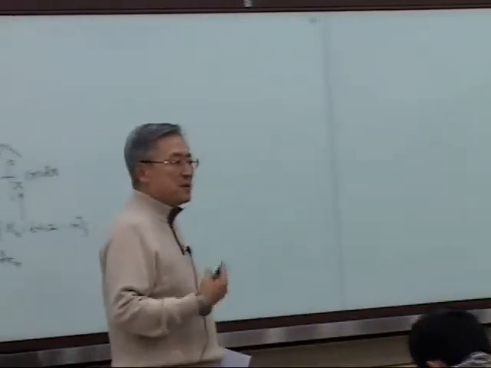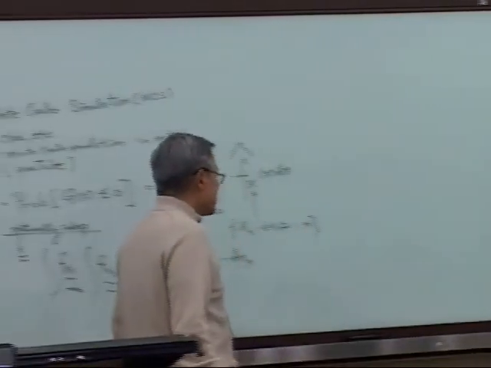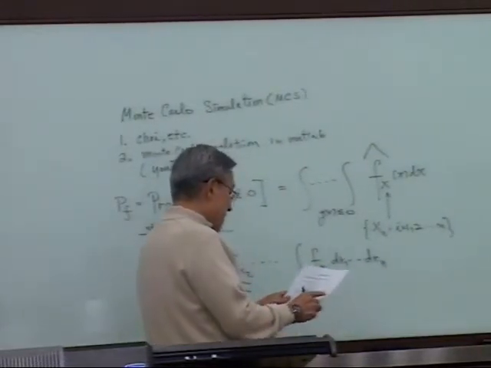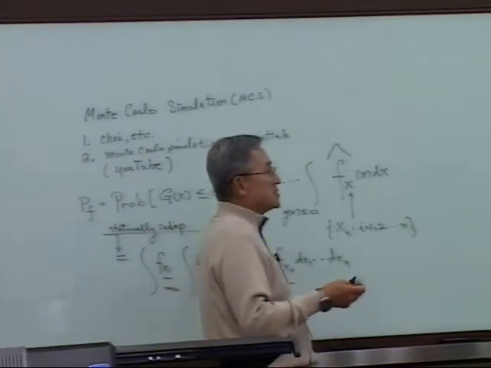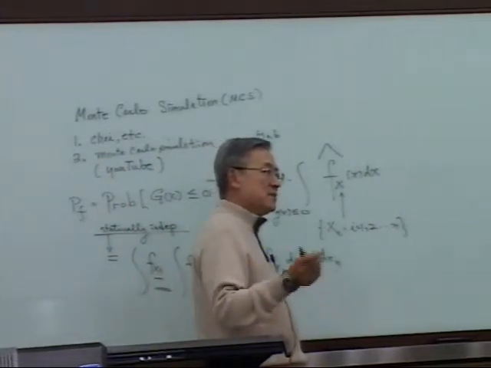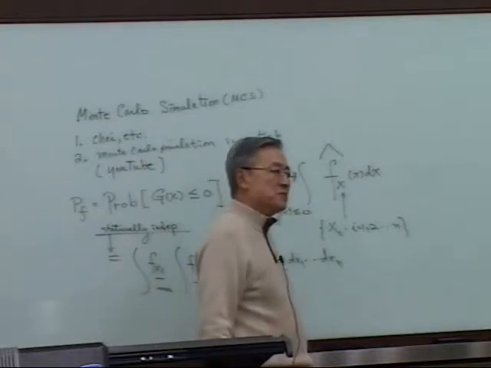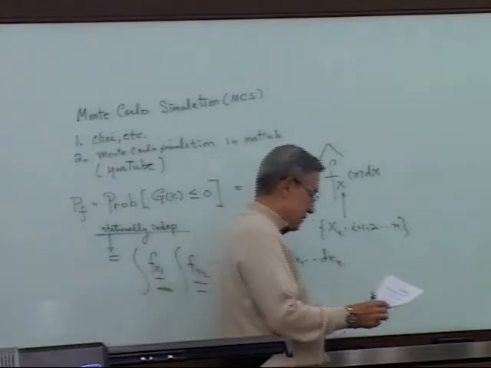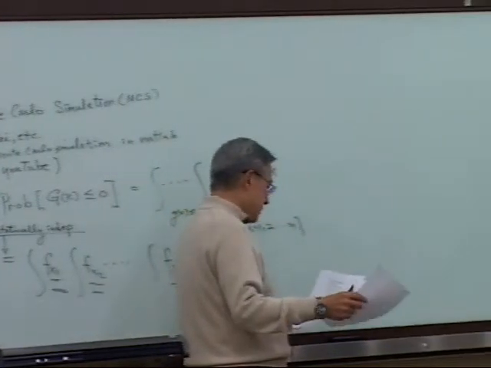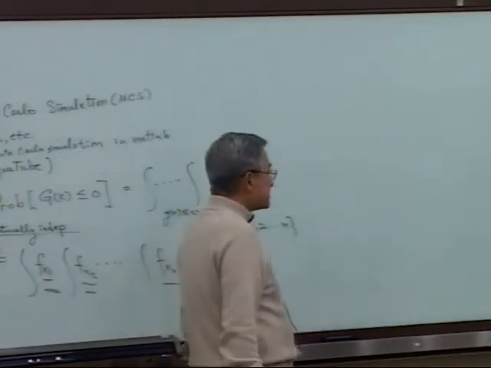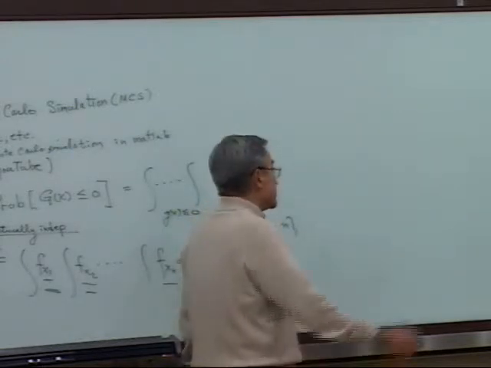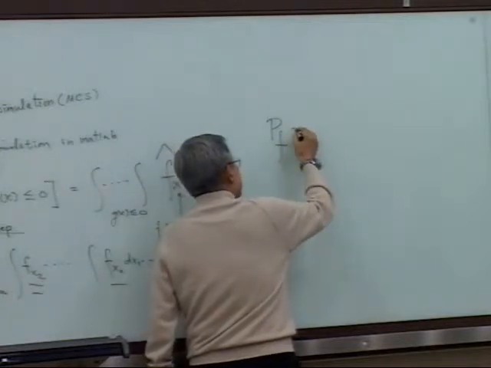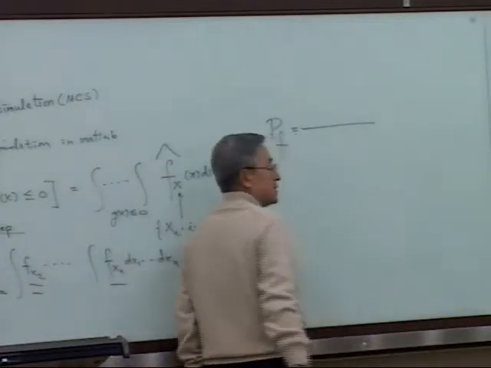It's a very nice approach to get involved. So Monte Carlo simulation: maybe this afternoon, you can try the 7.3 problem, which is rather complex, the probability of failure for structure reliability.